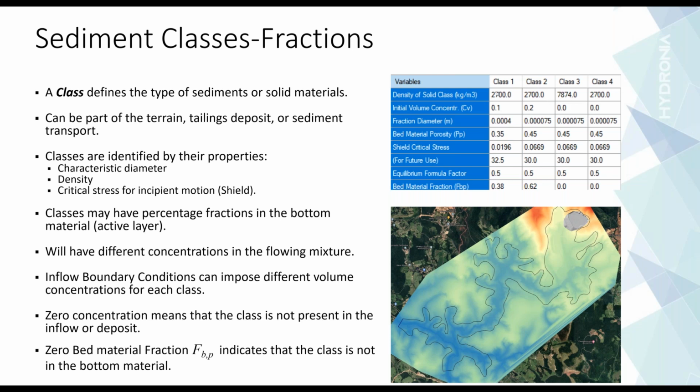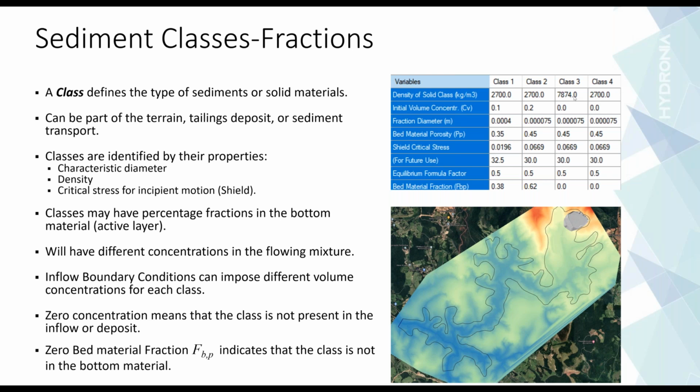For instance, here you see we have a class that has a density of 2,700 kilograms per cubic meter, and you have a class that you can easily identify here as iron that has a density of 7,874 kilograms per cubic meter.